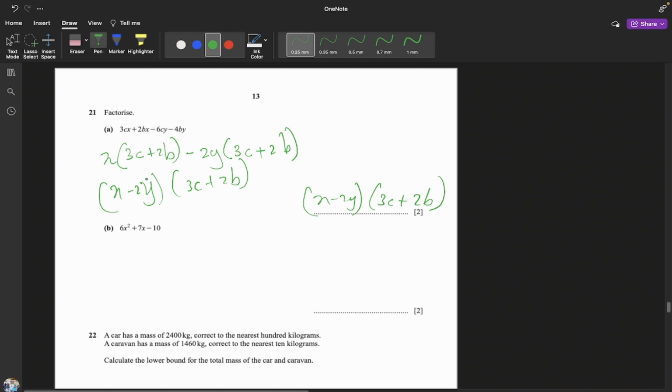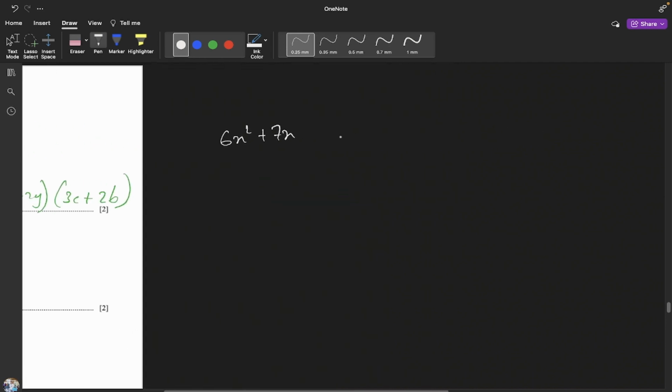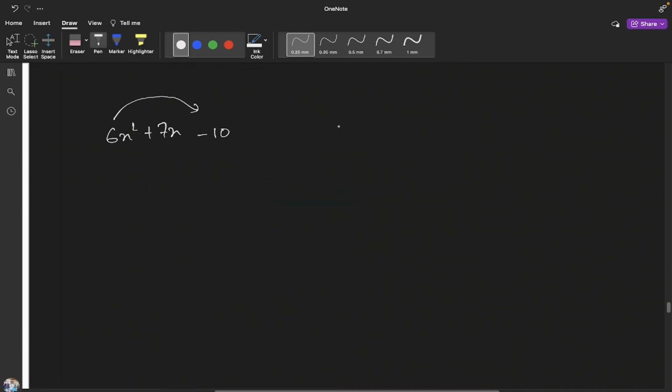Okay, factorize this one. 6x squared plus 7x minus 10. First multiply these two. It's minus 60x squared. Now you check what are the possibilities. 60 can be formed by minus 5x multiplied by plus 12x.